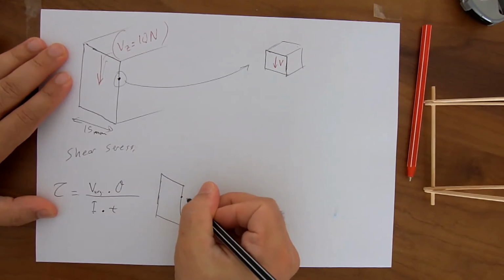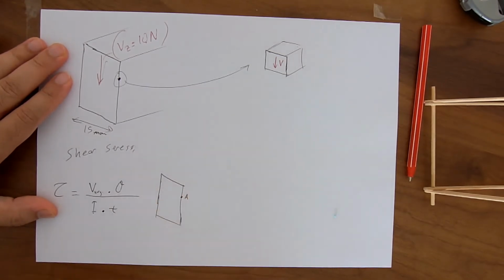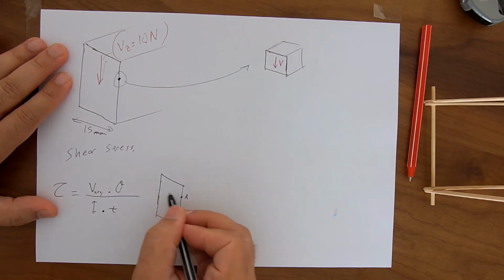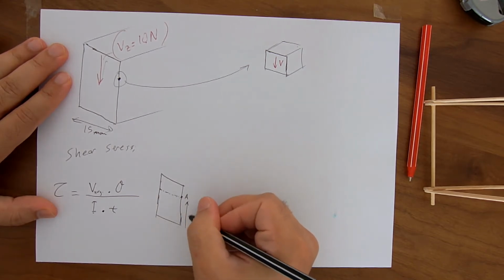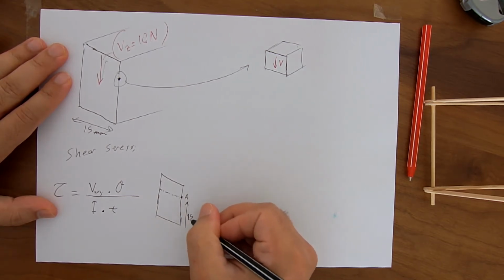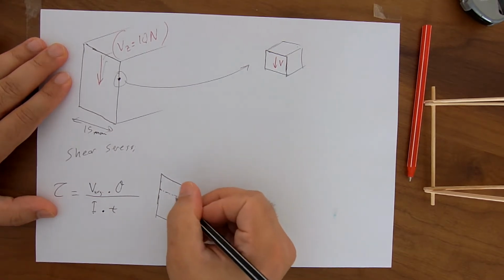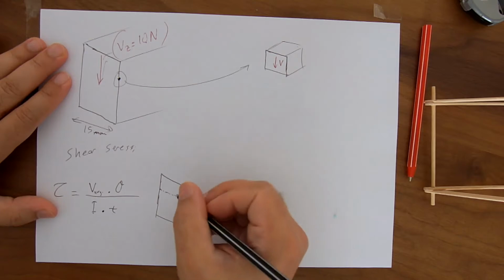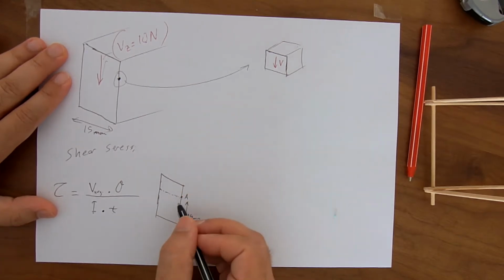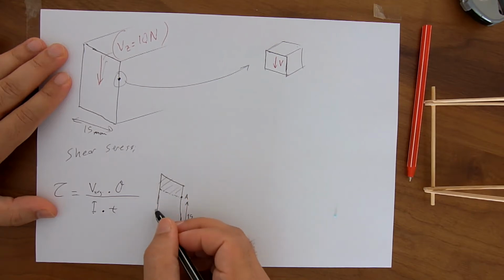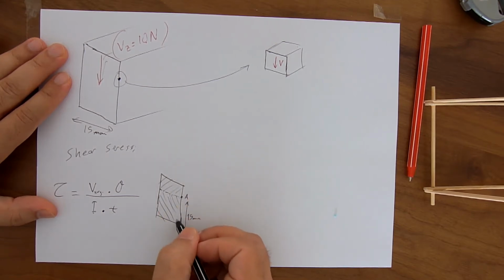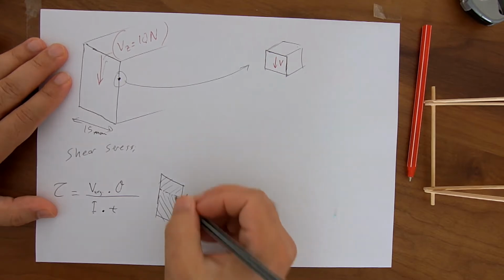So point A is here. The line where the point A is on is here, and it is 15 millimeters from the bottom of the section. So I can determine the first moment of area by using either this area or this area. They will give the same result.